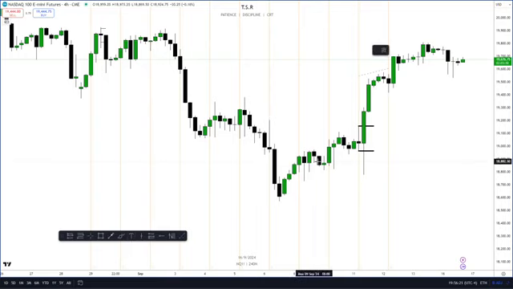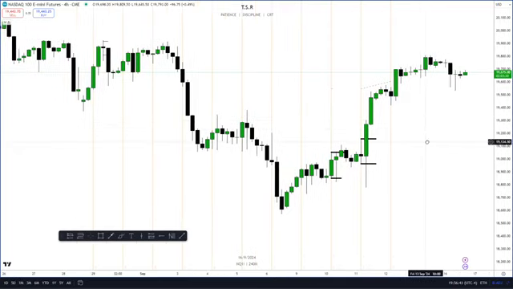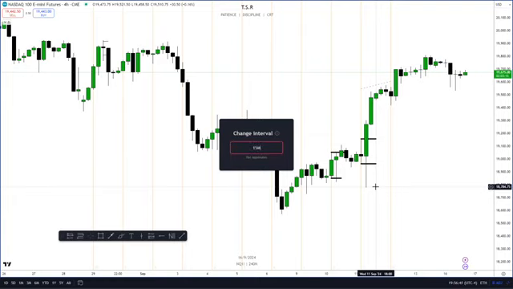For example, right here we have another. Actually in this example we can use the CRT as the low was hit, but the high was not yet hit in the second candle, but instead was hit with the third one. So let's go ahead and drop down time frames to a 15-minute.